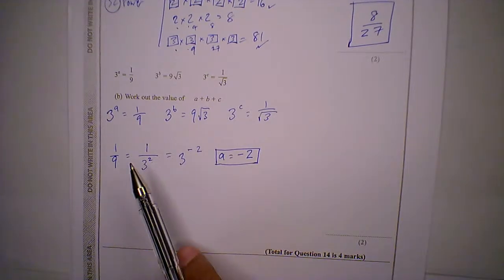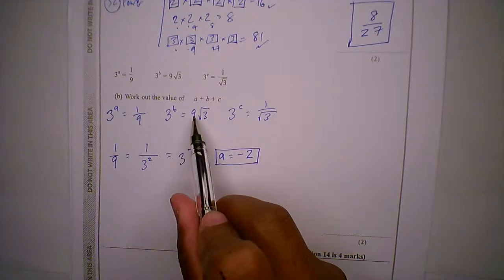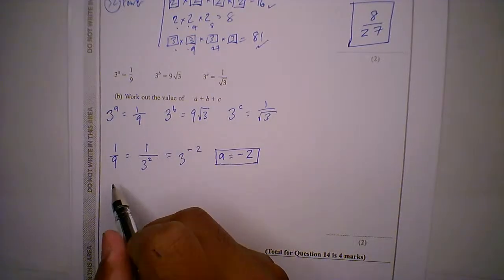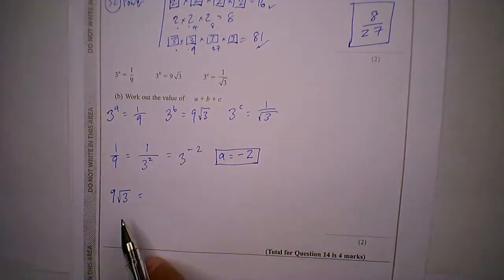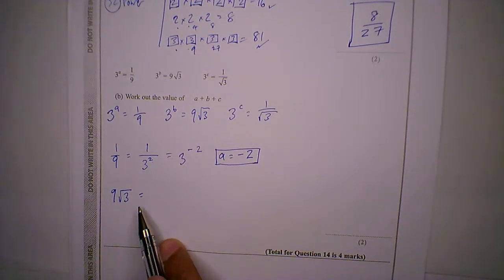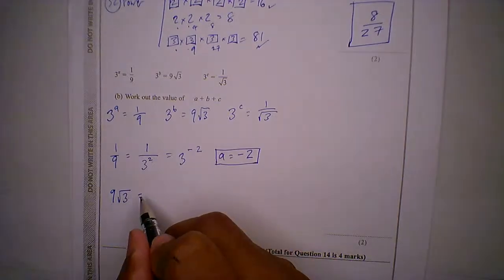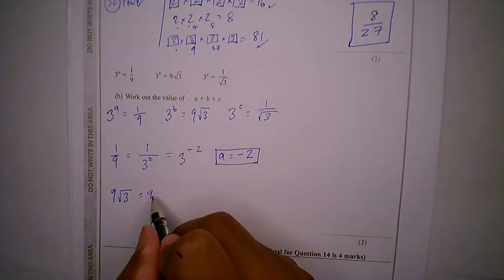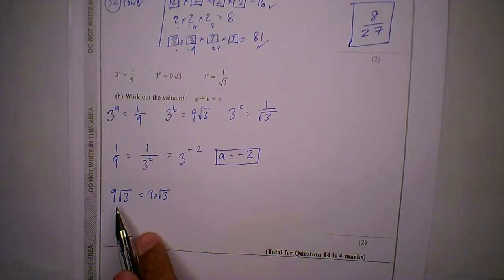And now hopefully you can use this similar pattern for b. So I'm going to write 9 root 3 in terms of 3's. First of all, 9 root 3 is the same as 9 times root 3. Like x, imagine if it was x, 9 times x, but here we've got root 3.